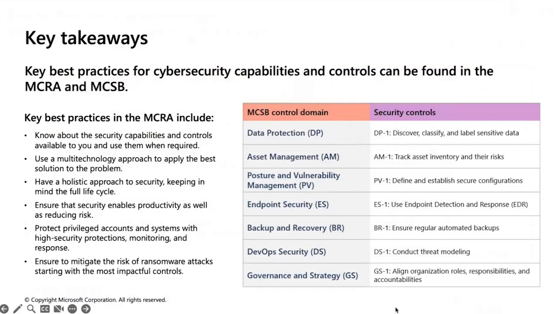Like BR says, ensure regular automated backup, or asset management says, track asset inventory and their risks. These are recommendations that we should follow. And sometimes you see what kind of configurations are missing in my organization, in my cloud environment.